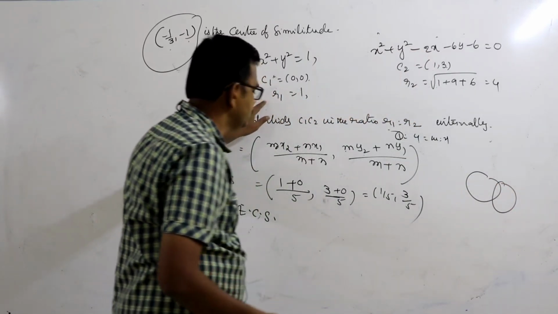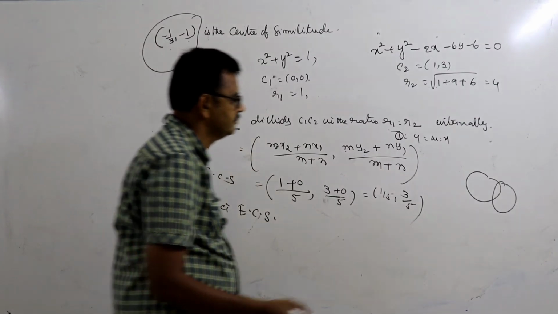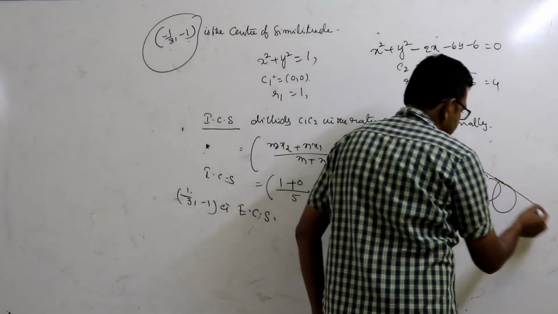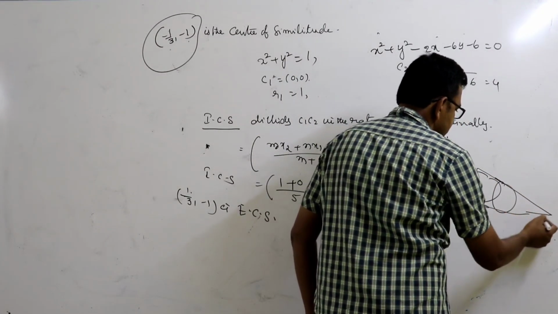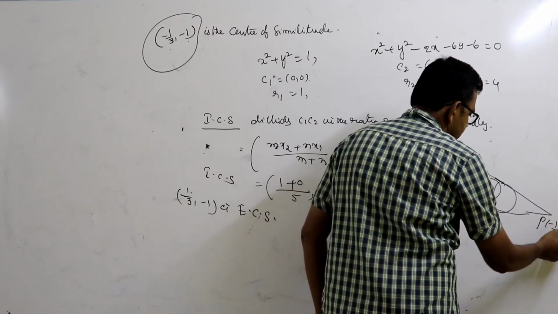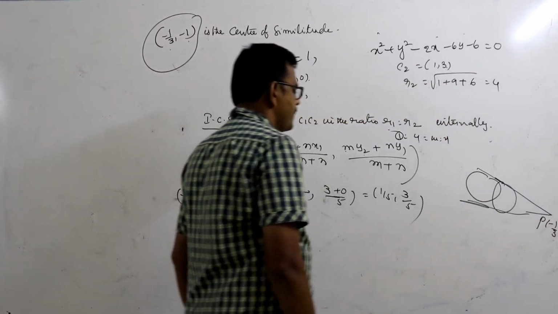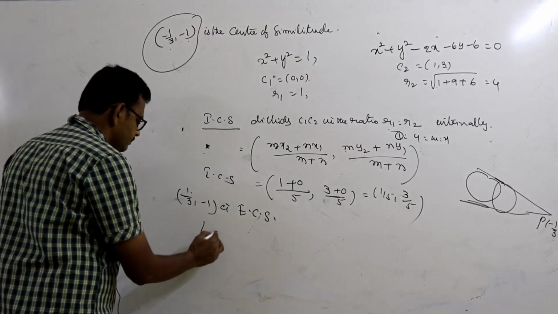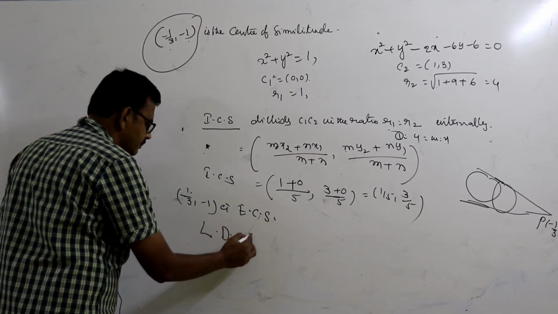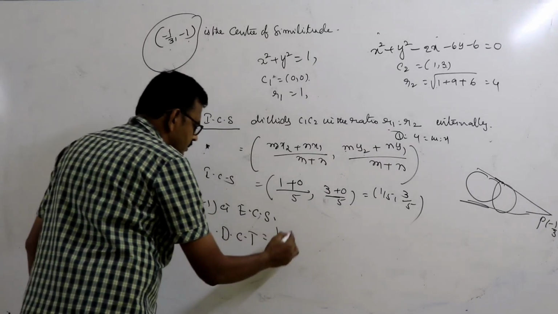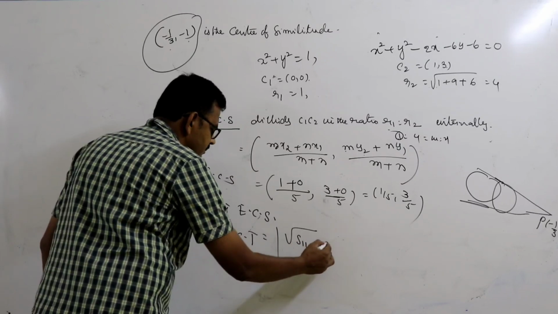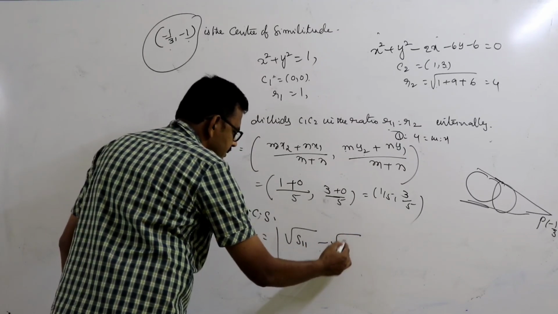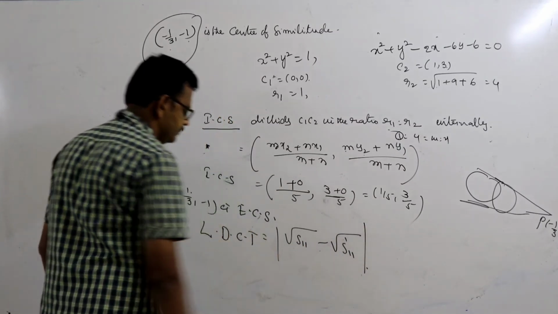And observe that the two circles intersect. So the length of the direct common tangent is equal to root of mod S11 minus root of S dash 11.